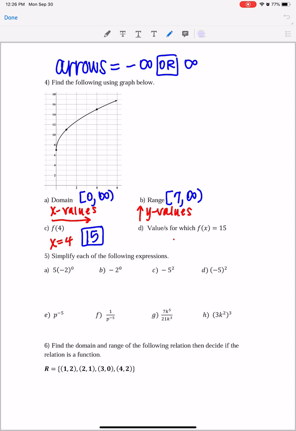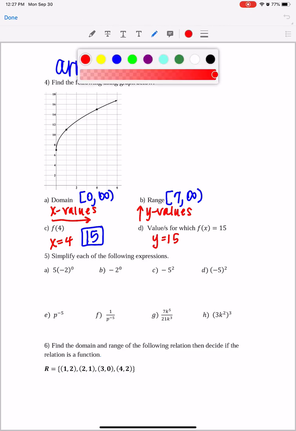On D, now they have find values for which f of x is 15. When they say f of x equals 15, that's just another way of telling you that your y equals 15.